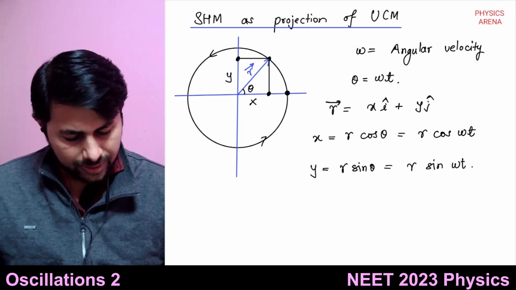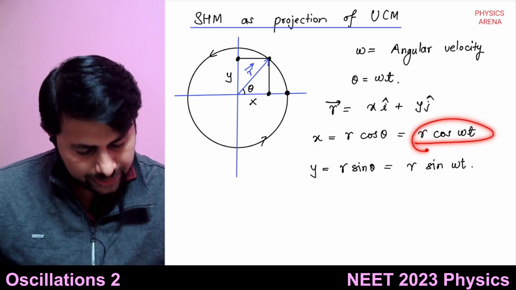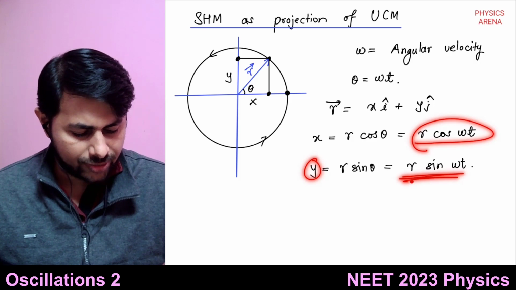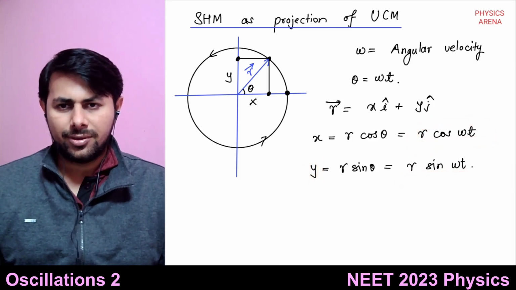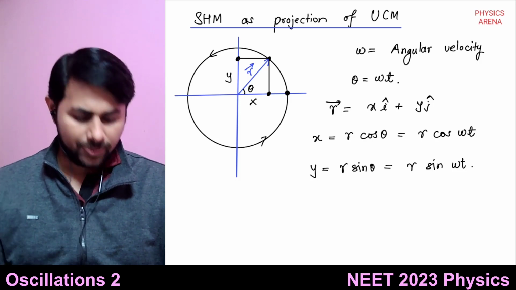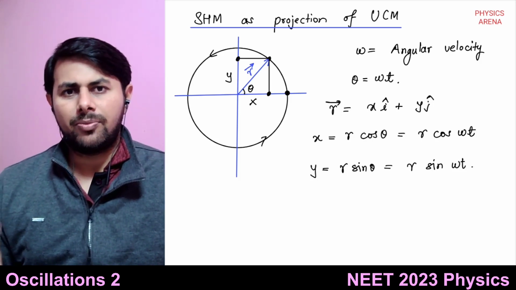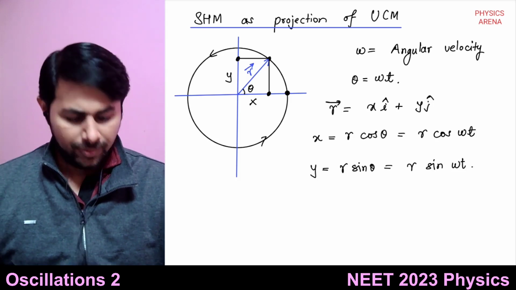So you can see the equation of x is also SHM, equation for y is also equation of SHM. When particle moves along circumference of circle, its projection on any diameter performs what? It performs simple harmonic motion.